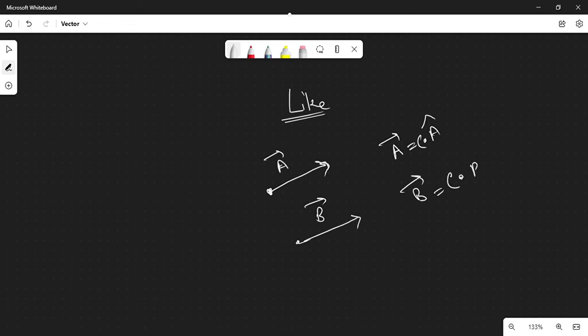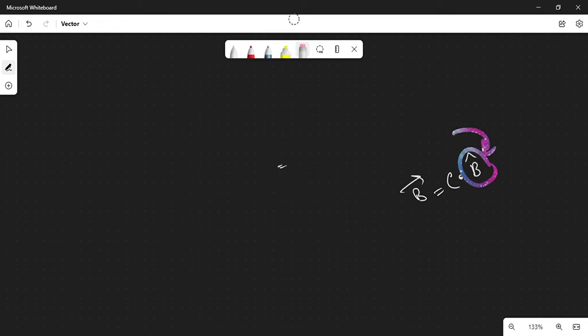In this case, the unit vector of A will be equal to the unit vector of B, so both unit vectors will be the same because their directions are the same. These are like vectors. And another type of vector is the unlike vector.